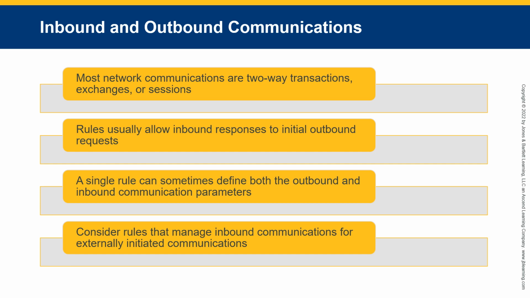Now, a firewall would see this as a session from the source, whoever initiates the call, to that destination. You do not have to create a reciprocal rule allowing that same traffic to go outbound. The firewall will understand that the response for that session would allow the traffic to go outbound.